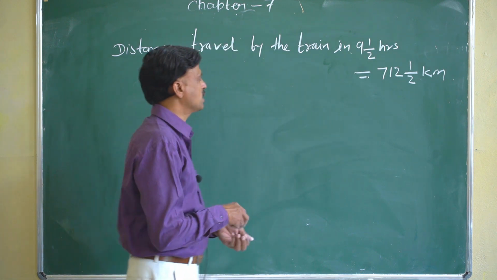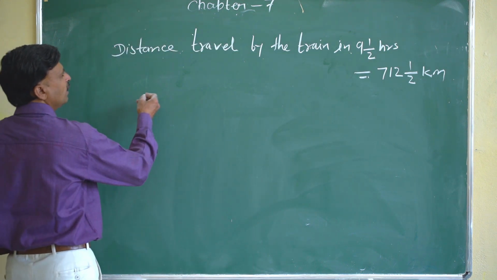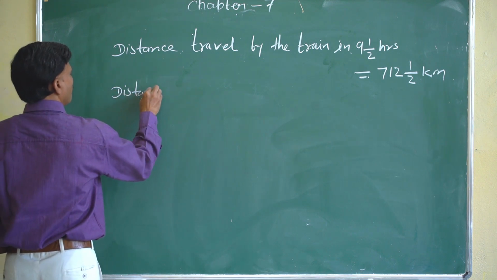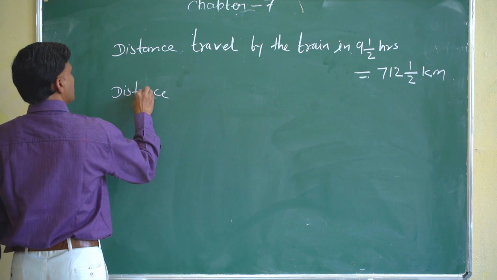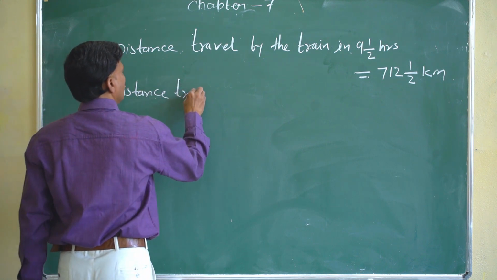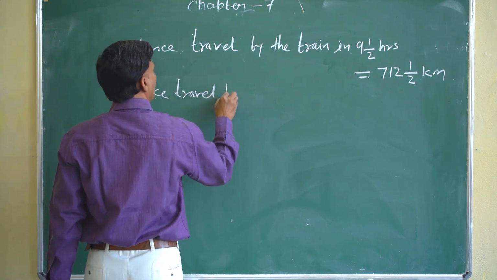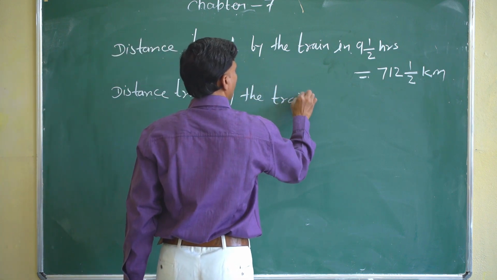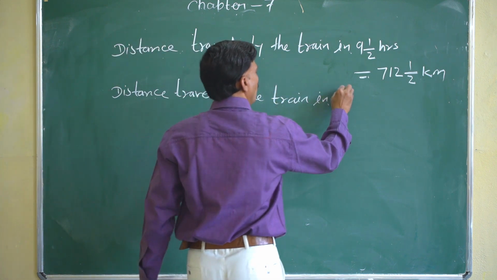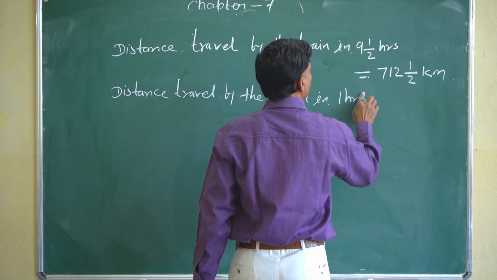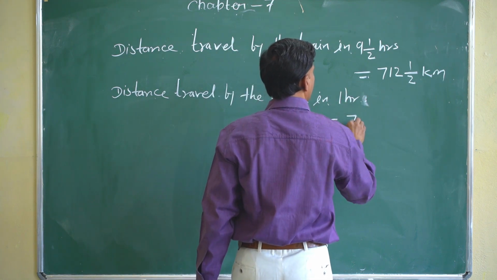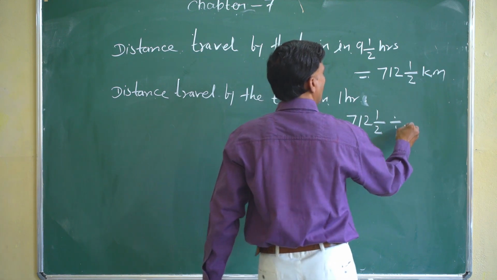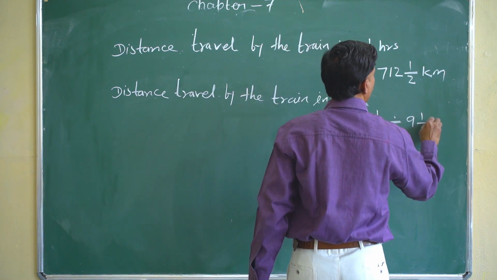Okay, so distance traveled by the train in 1 hour, that is 712 1 by 2 divided by 9 1 by 2.